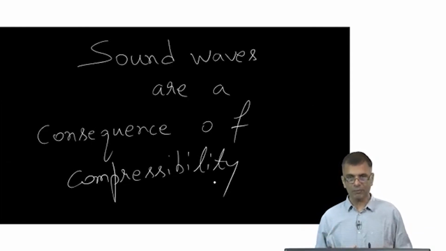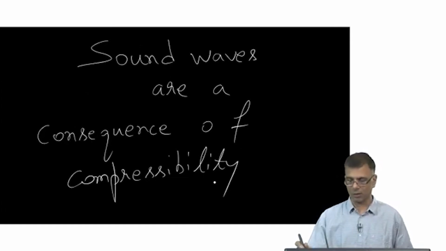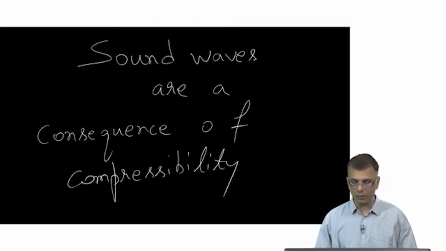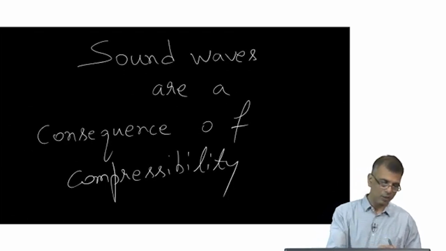But the point I want to make is, here is an everyday example of compressibility. Compressibility is central to lots of things in life, like sound waves. So one of the main things we will do as we go along is derive the speed of sound, and you know this very well from maybe the 11th grade onwards.